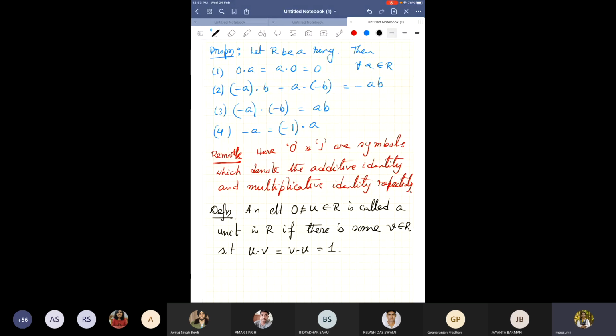That means what? This is nothing but the multiplicative inverse. So the elements which have a multiplicative inverse are called units.